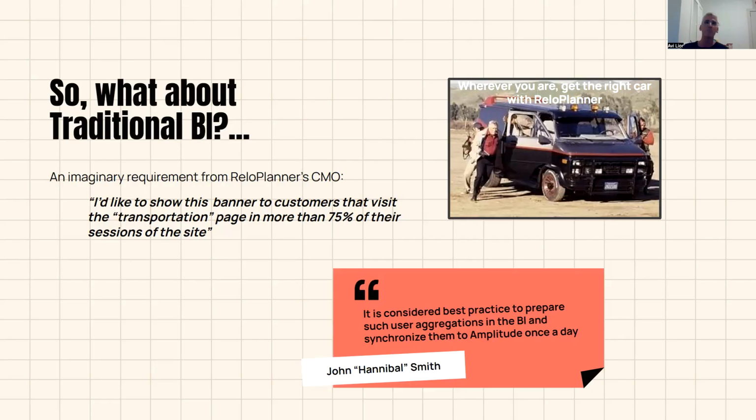The platform is simply not built for it. So it is best practice to do such aggregations in Power BI or in Looker or wherever, and synchronize them regularly to Amplitude. The two platforms, Looker and Amplitude, are not competing, they are complementing.